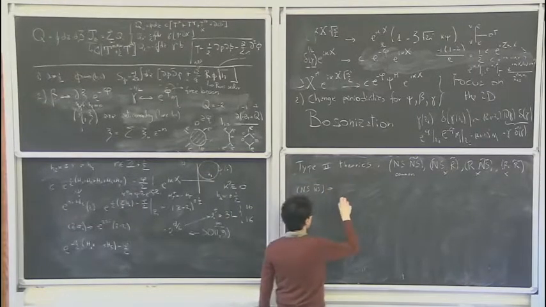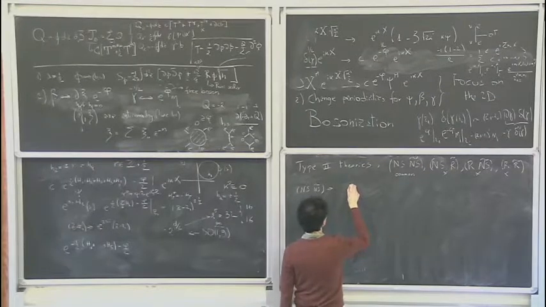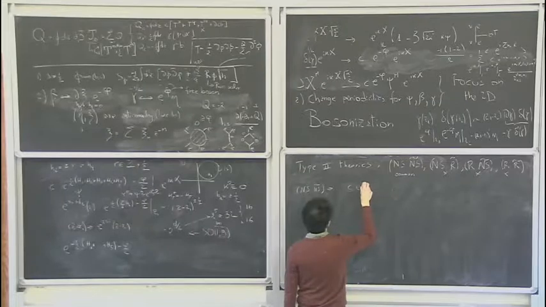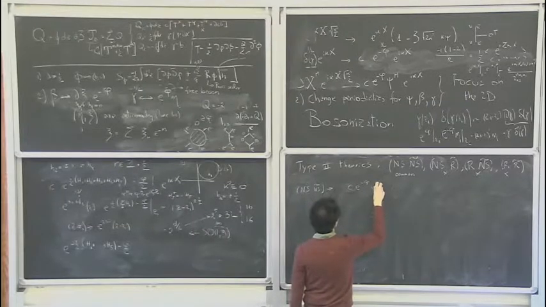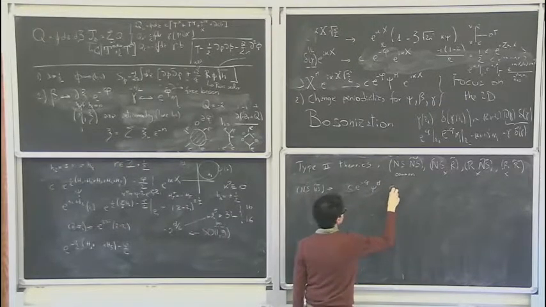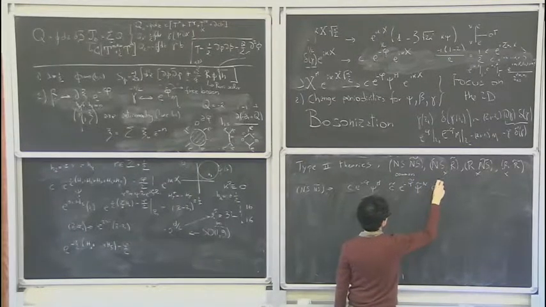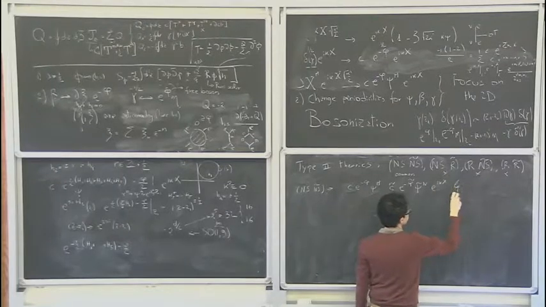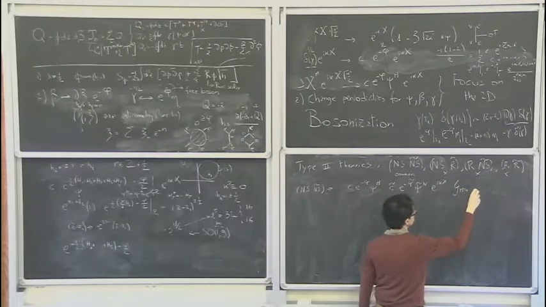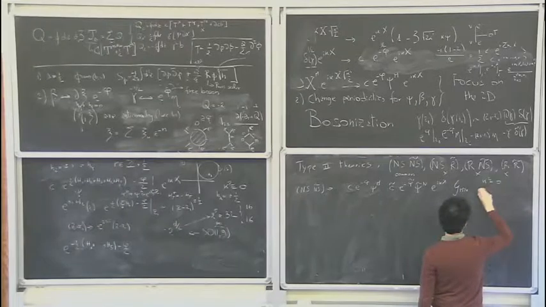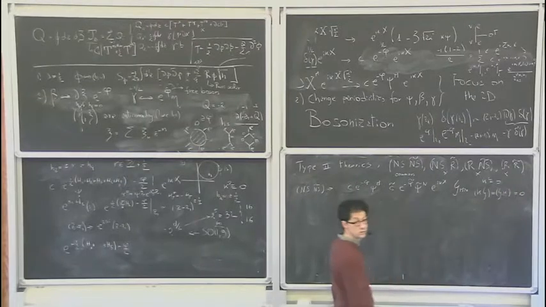Right? So the Neveu-Schwarz sector will have a massless vertex operator that looks like c e to the minus phi psi_m, and then c tilde e to the minus phi tilde psi tilde_n e to the ikx, g_mn, with k squared equals 0, k dot g equals g dot k equals 0.